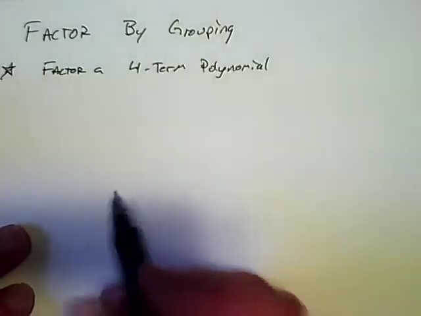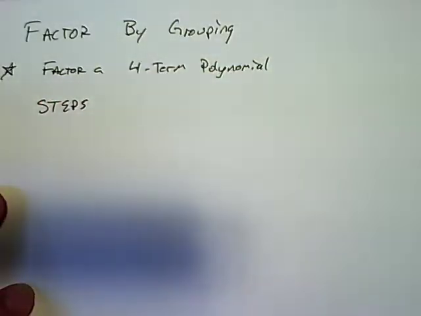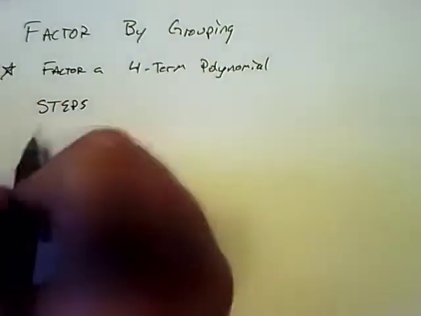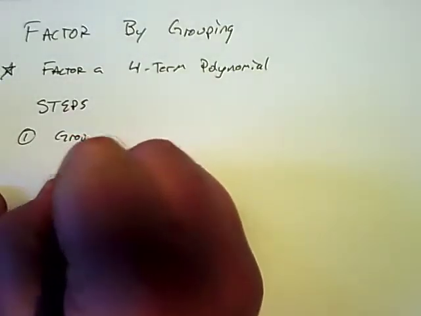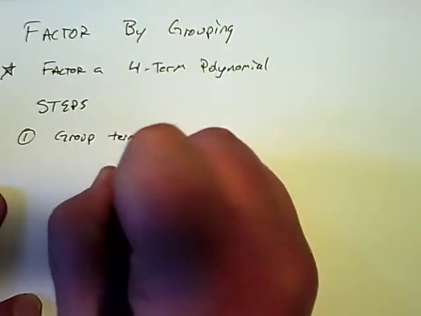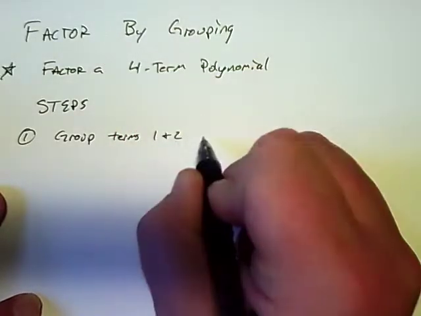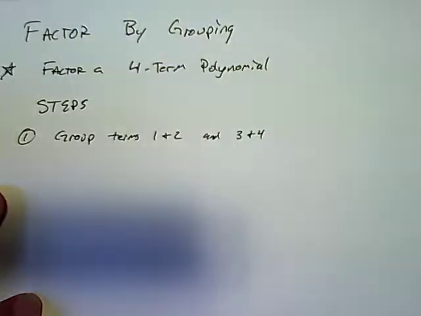So here are the steps. Hopefully we can outline this in a way that we can just follow through. The first step is you're going to group the first two terms. So you're going to group terms 1 and 2 and 3 and 4.